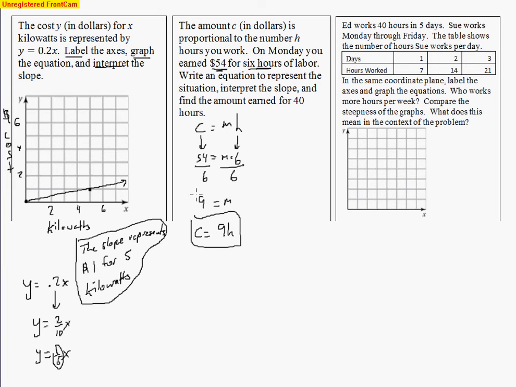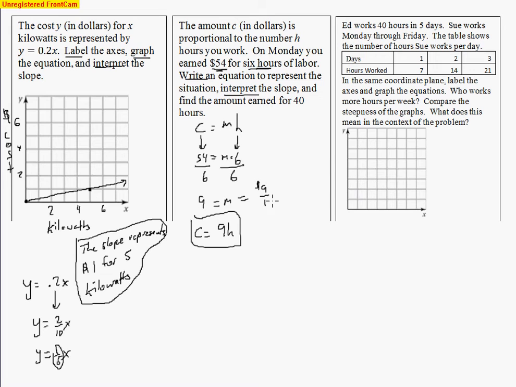So let's see what else it says. It says write an equation to represent the situation, interpret the slope, and then find the amount. So now I have to interpret the slope. So the slope, again, is 9. And then remember it's y over x. So 9 over 1 is what that slope is. And so 9 represented the y value, which is dollars, $9.